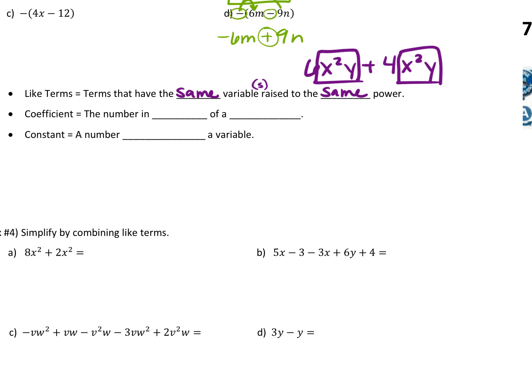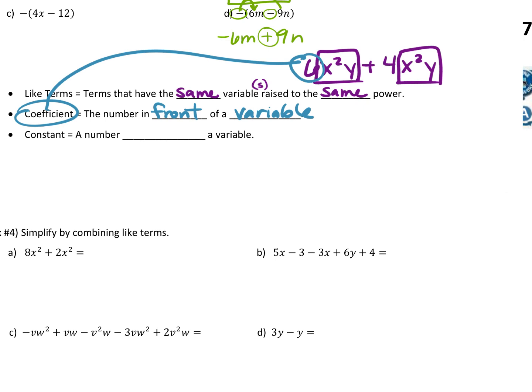So it's not the one that's being distributed, but sometimes it is that number. I'll show you in a minute. So it is the number in front of a variable. For instance, the coefficient here is a 6 and a 4.